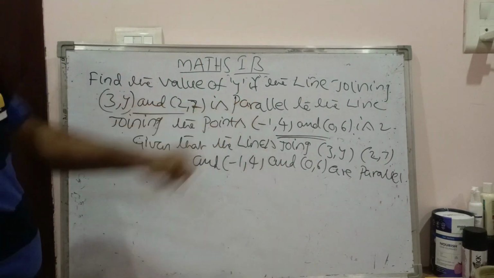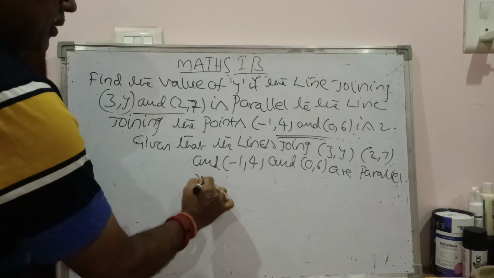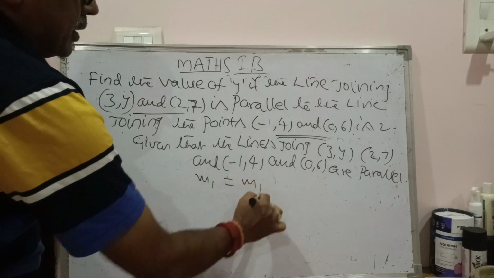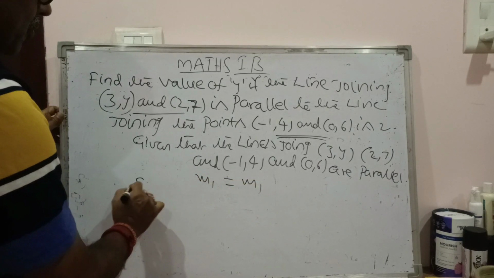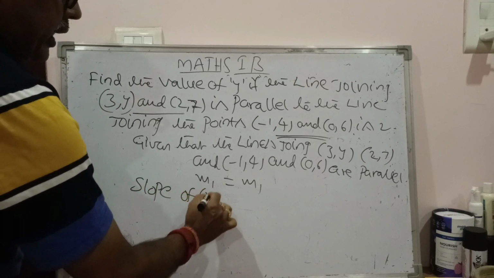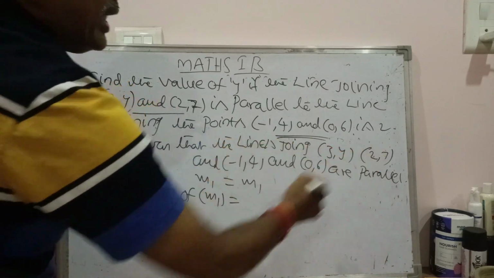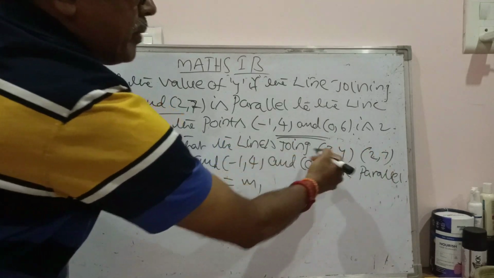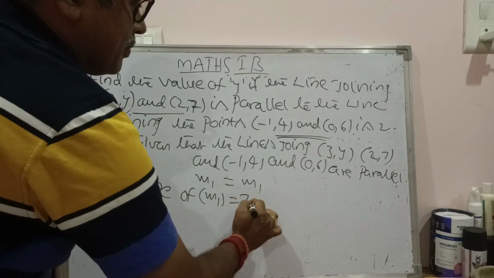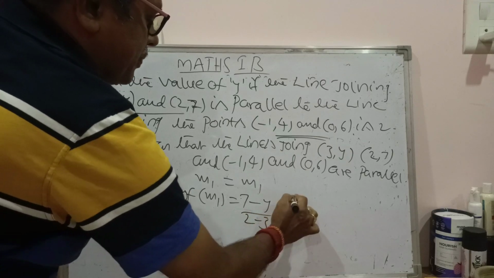So according to the condition of parallelism, slopes are equal. Therefore, the slope of the first line joining the points (3, y) and (2, 7) is (y2 minus y1) by (x2 minus x1), which is (7 minus y) by (2 minus 3).